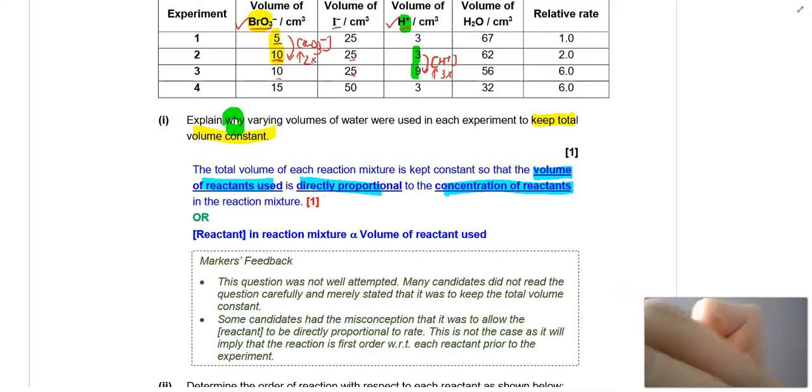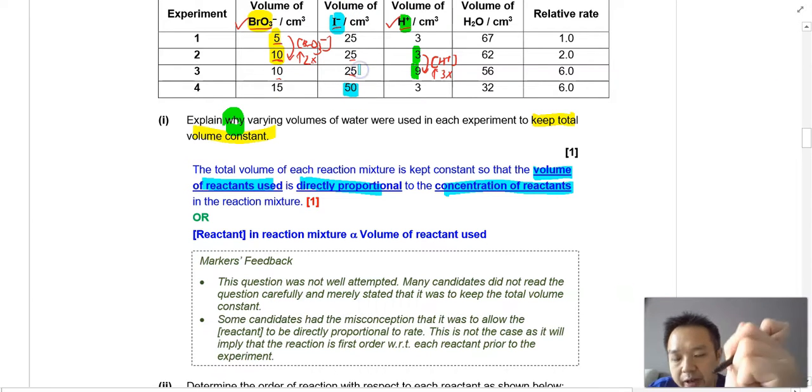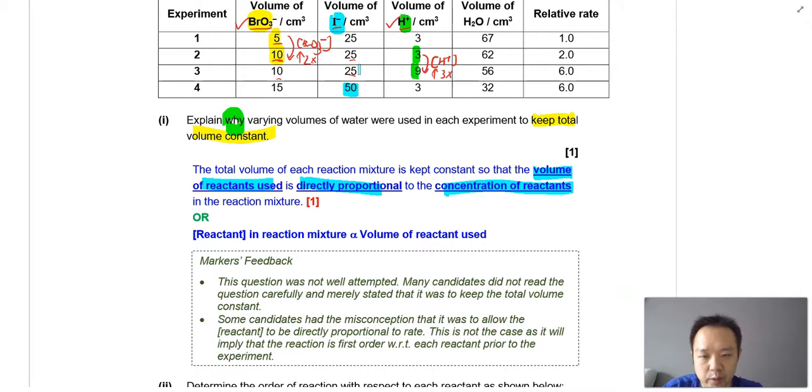For the case of I minus, I will definitely have to involve experiment 4, because experiment 4 is the only one that is different from experiment 1, 2 and 3 for the volume of I minus used. Then it really doesn't matter which experiment you compare, because no matter which one you compare, it will involve another reactant changing its concentration.